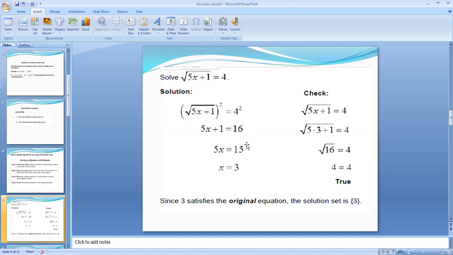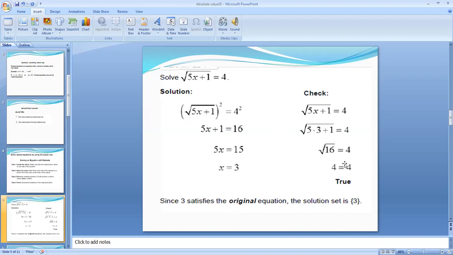Now verify your solution. Does the value of x satisfy the condition or not? How can we check the solution? √(5x + 1) = 4. The value of x is 3, so substitute the value of x in the equation. 5 times 3 plus 1: 5 times 3 is 15, 15 plus 1 is 16. √16 = 4, and we know the square root of 16 is 4.